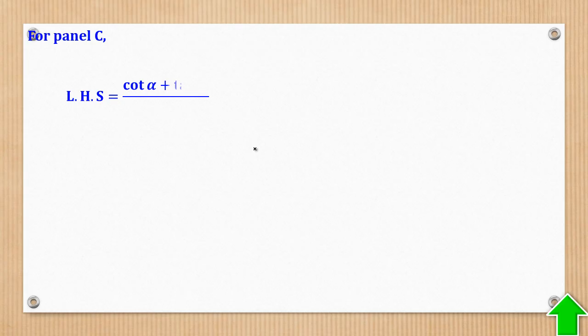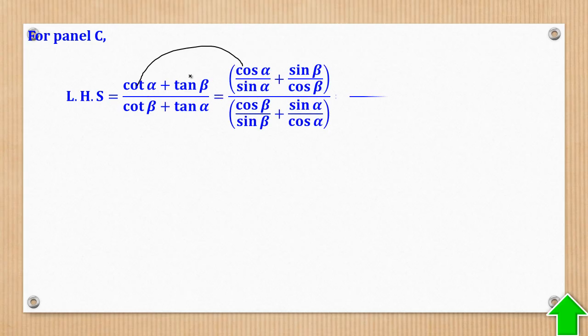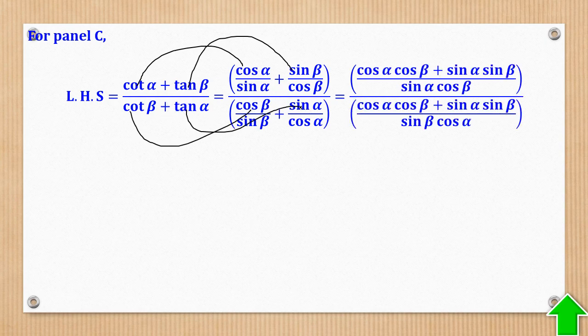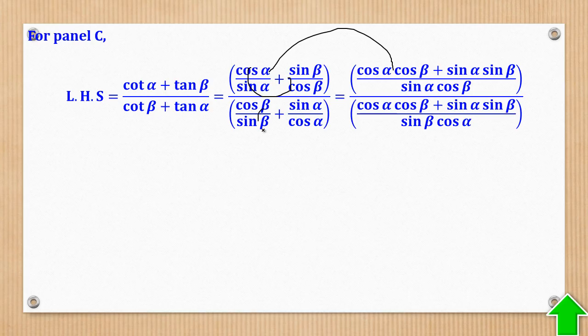For panel C, left-hand side is that. So change, cot is the same as cos over sine, tan is sine over cos, cot is cos over sine, tan is sine over cos. Then from there, you get LCM for each numerator alone to come up with that. This one combined to one quotient to come up with this. Then from there, realize that this, they can't cancel. I thought they can cancel, but they can't. However, the ones up can cancel this one and this one.